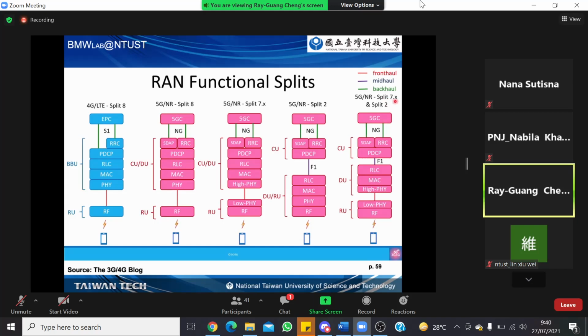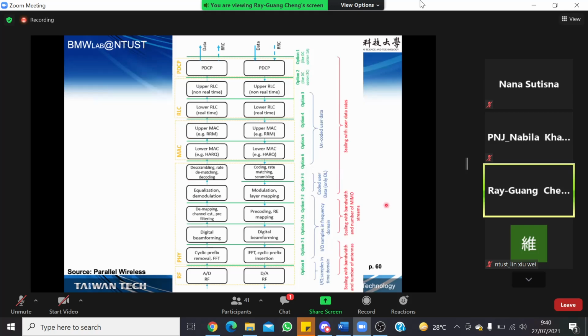Split 7.x means they try to have a separation. They separate the PHY into two parts, the high PHY and the low PHY. So this is another view of this part. This is the higher layer.